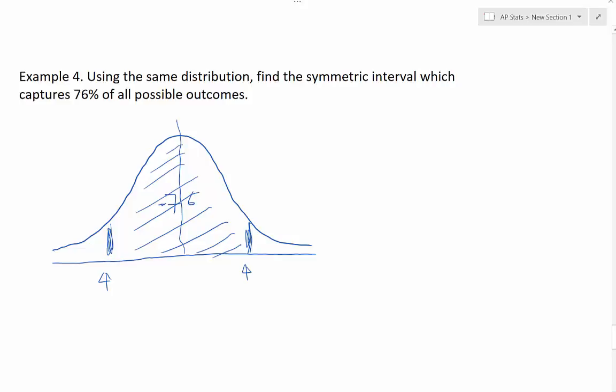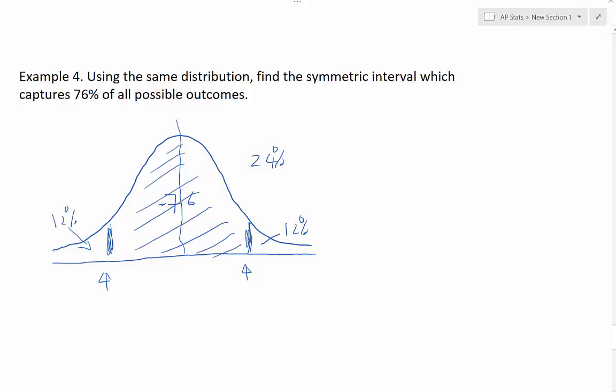Well, we're going to have to use the tables backwards to figure this out, but remember the probabilities in the tables are all the way down to the very bottom. So if there's 76% in the middle, then that leaves 24% unaccounted for, and if it's symmetric, that must be 12% in either tail.